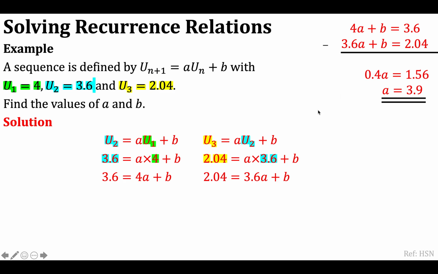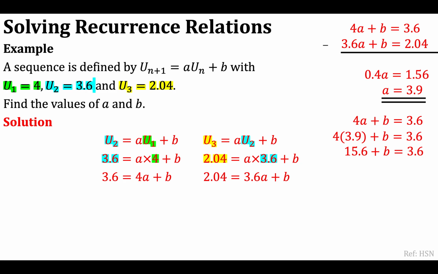I then go back to my original equations, and I'll just use the first one here, 4a plus b is equal to 3.6, and instead of a, I've got 3.9. So I'm substituting 3.9 in instead of a. So 4 multiplied by 3.9 plus b is equal to 3.6.